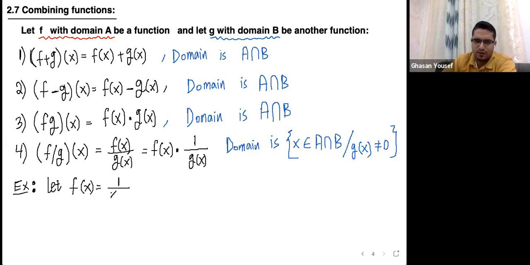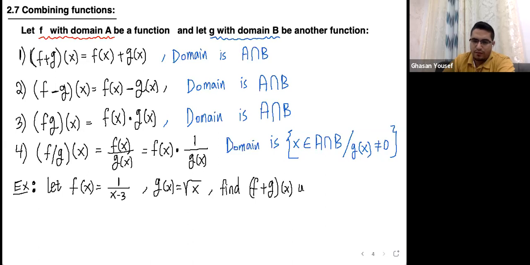And I have the second function g of x. g of x is the square root of x. So I have one thing here: find (f plus g)(x) with the domain.